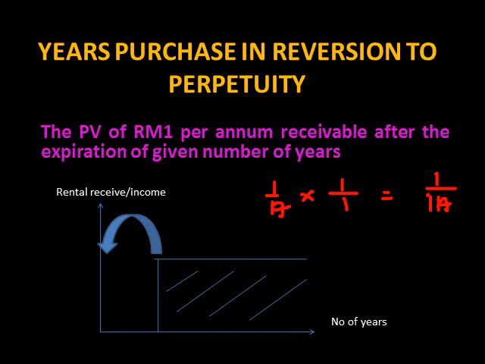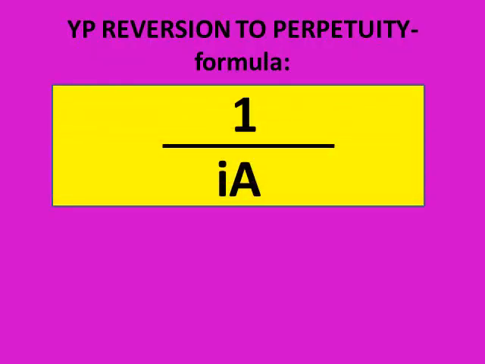You can use the formula 1 over IA, or you can use separate formulas: you multiply with the PV first, and then with the YP in perpetuity. Or you can combine them and multiply with 1 over IA. It's up to you, because both methods are correct.